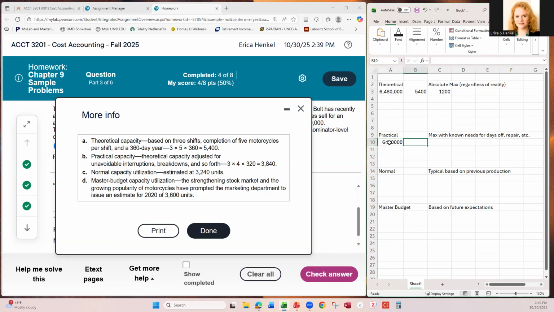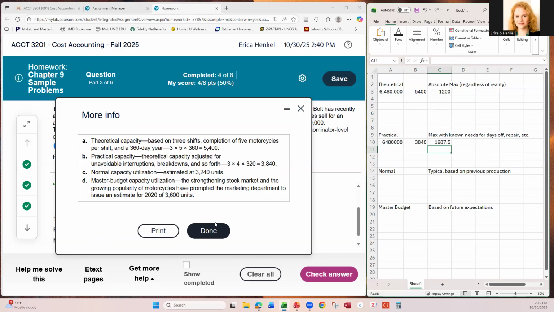For part B, practical capacity is adjusted for unavoidable interruptions, breakdowns, and whatnot. So for practical capacity, instead of 5 motorcycles per shift, it looks like they're doing 4 per shift and 320 days a year instead of 360. That's getting them 3,840 units. So let's see here, $1,687.50.